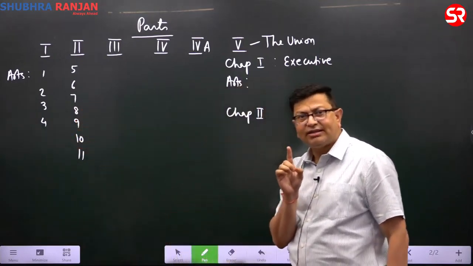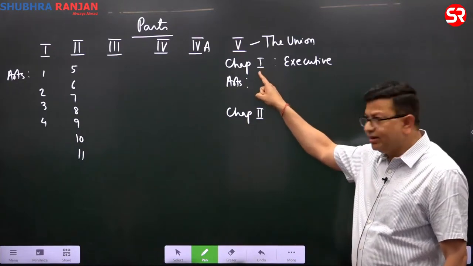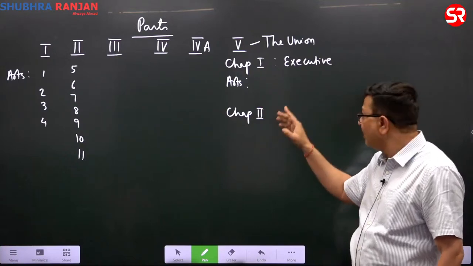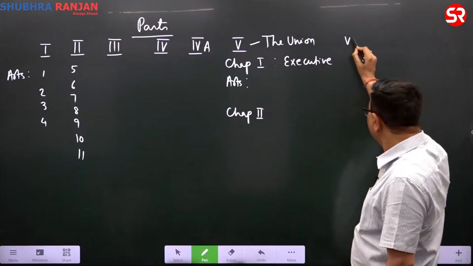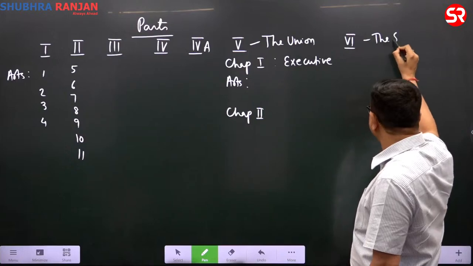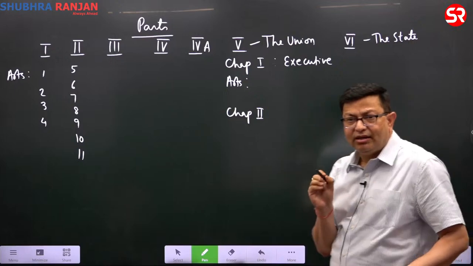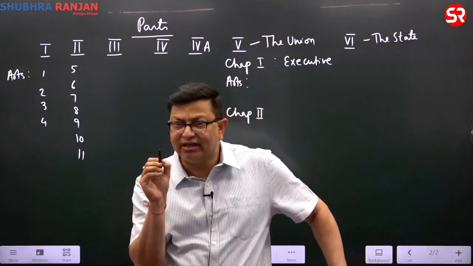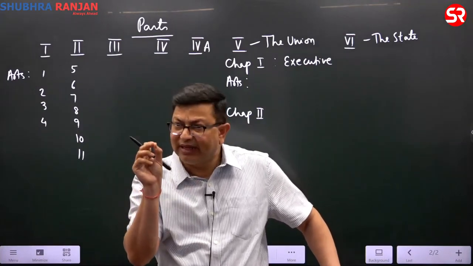Some of the parts are multi-dimensional. So there, after the part we have the chapter and then we have the articles. Similarly, part 6 deals with the state. Here also chapter number 1, executive, governor, the council of ministers, advocate general, such topics are there.